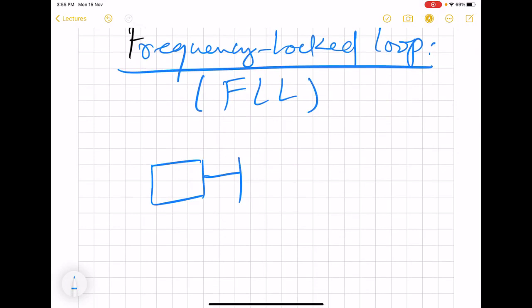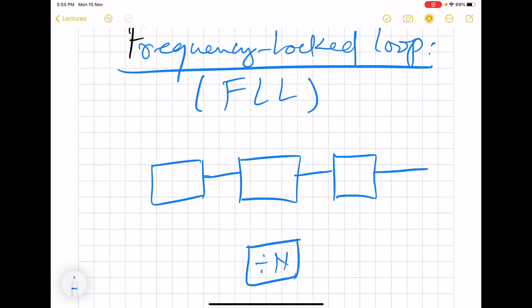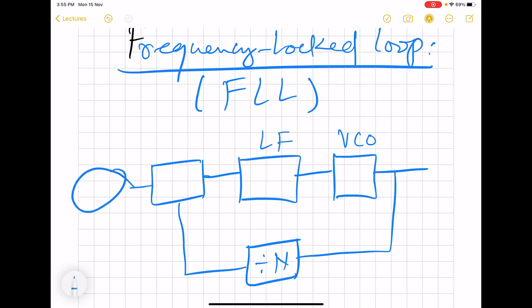This is going to be similar to what we studied earlier, with a divider and then fed by FREF. But the only thing is that now we will have a frequency detector here.